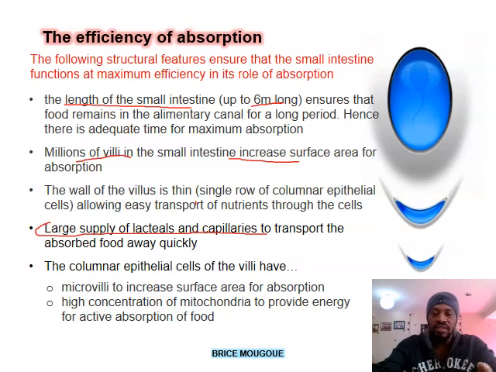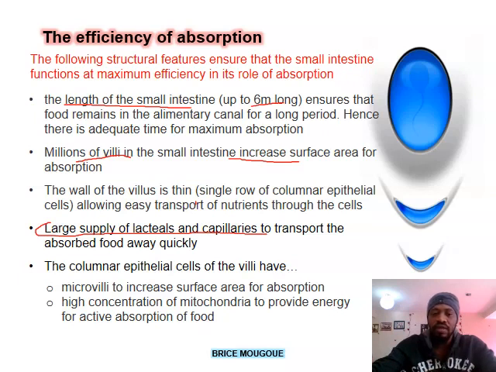And that's what we are saying here. A large supply of these vessels, the lacteals and capillaries, means a large supply of transport vehicles that are there to transport what will be absorbed. It then means that when we have a lot of capillaries and lacteals, absorption can be done very quickly.